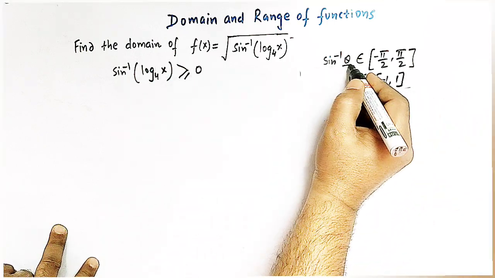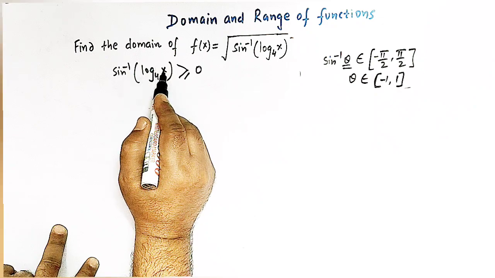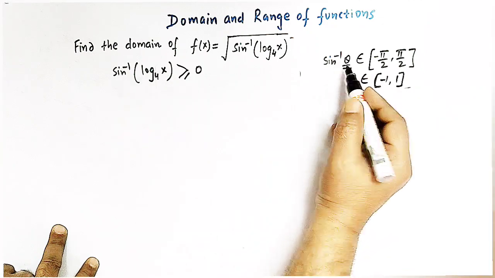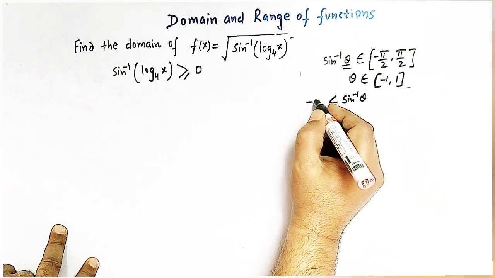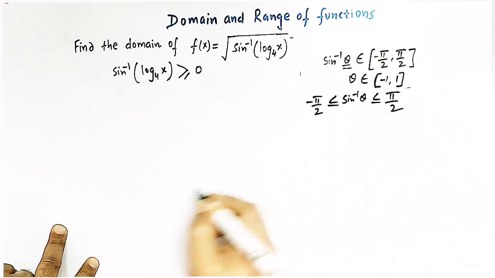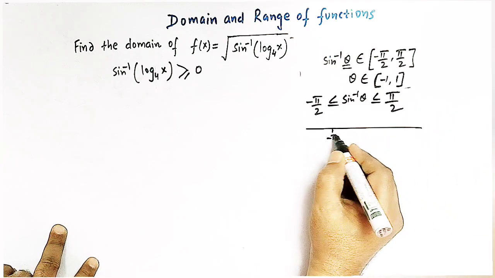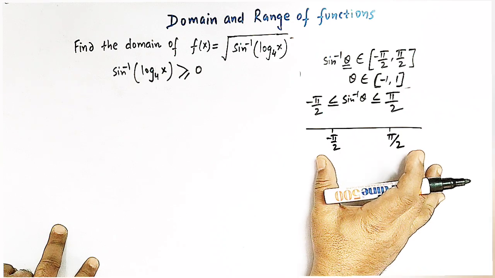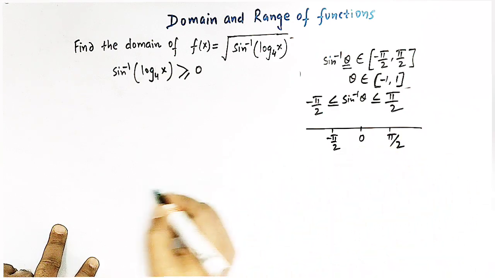For theta, here we have logarithm of x to the base 4. So sine inverse theta is greater than or equal to minus pi by 2, but less than or equal to pi by 2. So here we have minus pi by 2, here we have pi by 2, and between minus pi by 2 and pi by 2, we have 0.